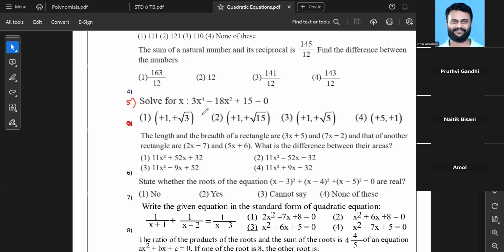I'll tell you how. Because, see, whatever this number is, this is its square. So, if I consider x square equal to a, whatever it is, then x raised to 4 will be equal to what? A square, right? Am I clear?